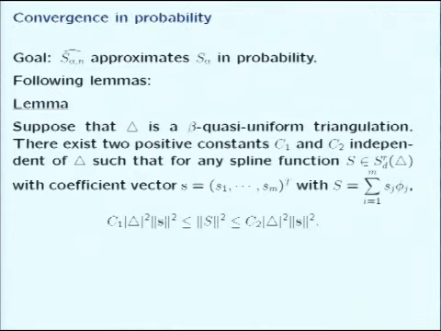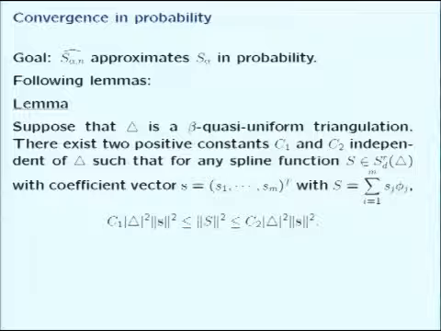Now, for the convergence in probability of these empirical estimates towards the theoretical estimates when you fully observe everything, we have a sequence of lemmas here. Don't ask me exactly what a beta quasi-uniform triangulation is, but it's a condition of uniformity in the triangulation. It's a bit technical, but here it's a very simple lemma.